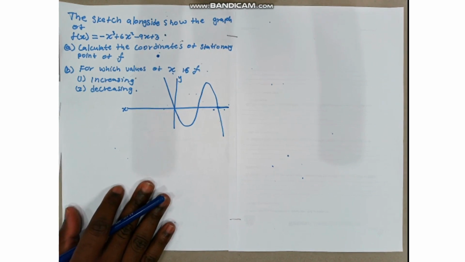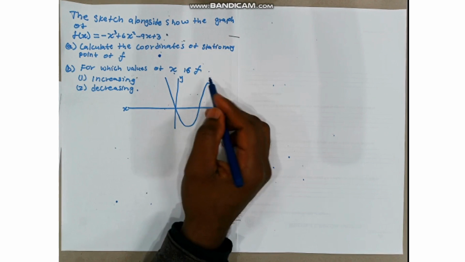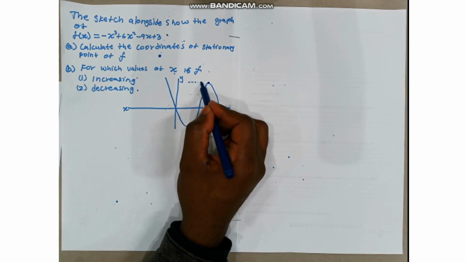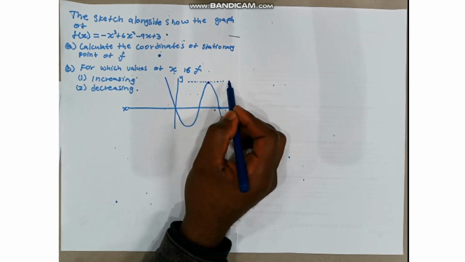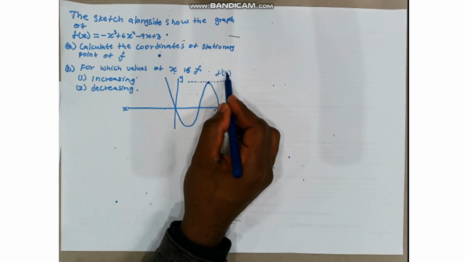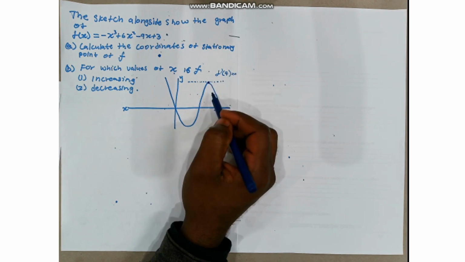I hope now we know what a stationary point is. A stationary point is where our gradient is 0, meaning the f prime of x, the derivative at a particular x value, is equal to 0. Our gradient there is equal to 0. That's where our stationary point is.